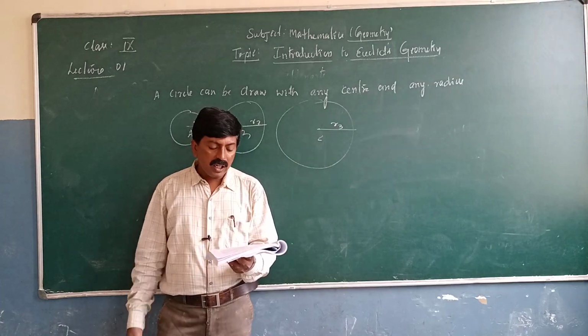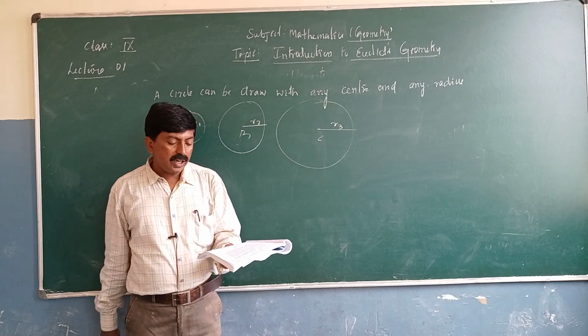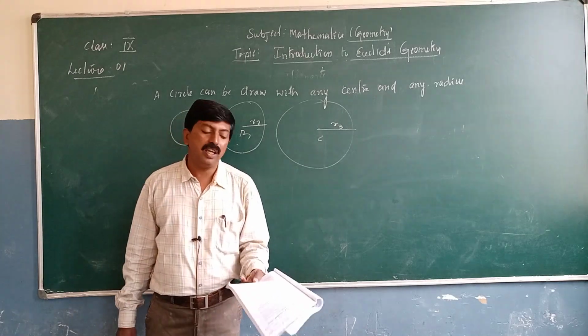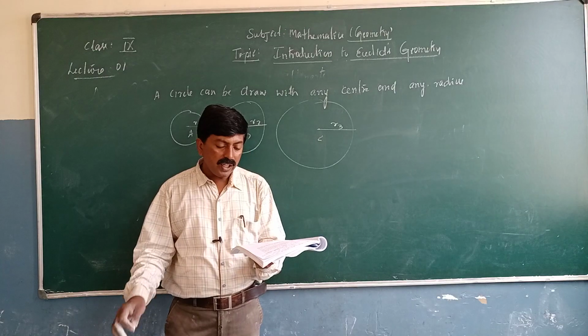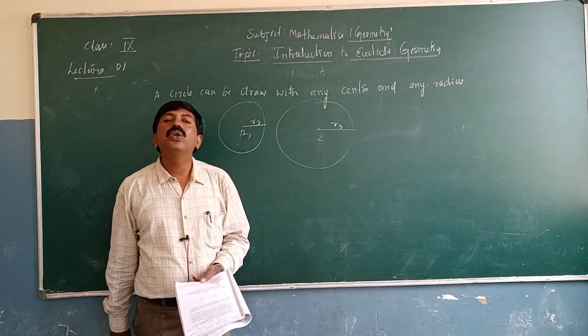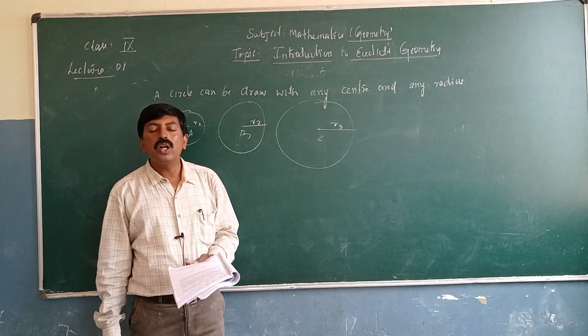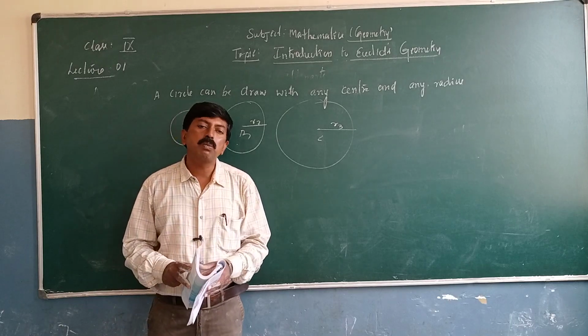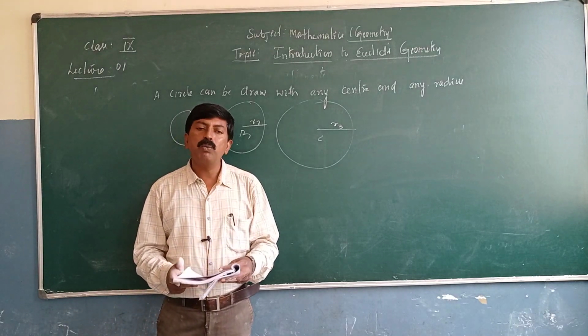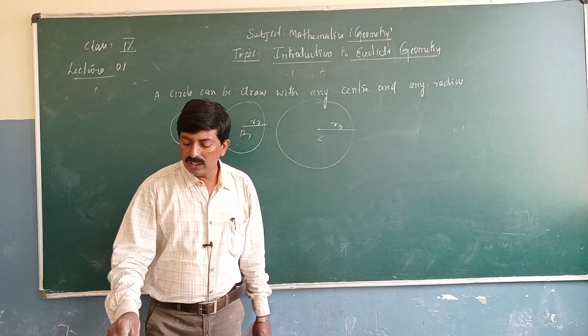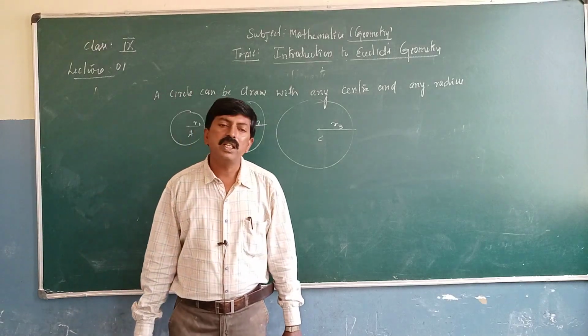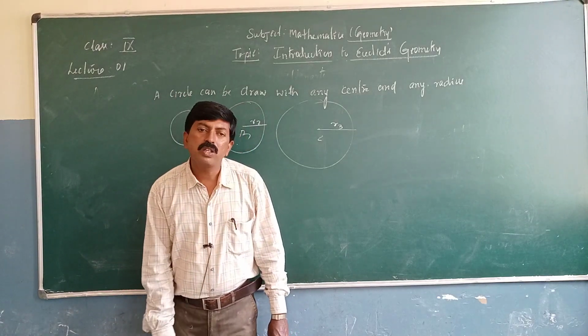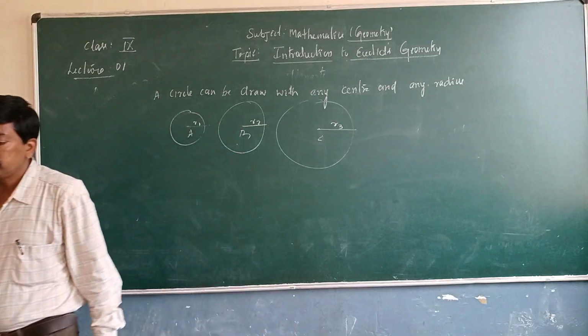And also: if a straight line falling on two straight lines makes interior angles on the same side taken together less than two right angles. Like this, various postulates are there. I think I can put an end to it here. In this class, we discussed axioms and postulates. Okay, thank you one and all.